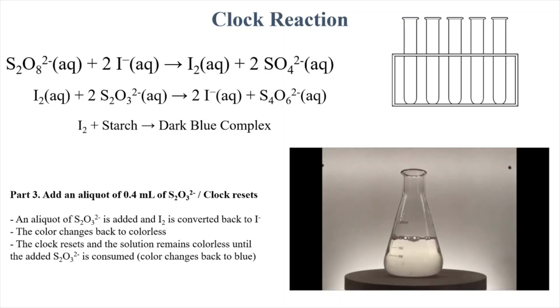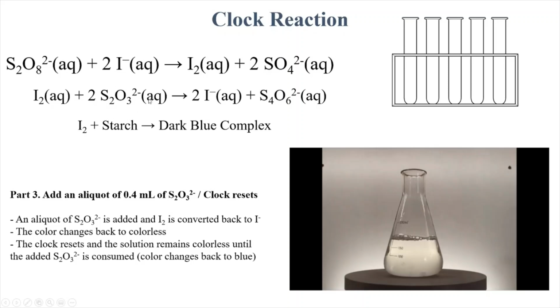So it turns blue, we add the next bit of sodium thiosulfate back in, and it goes back to clear. And then eventually it's going to turn blue. And then we add it again. So what we're doing now is we're setting up a clock. And what the clock is telling us is that every time it turns blue, we've used up a certain number of moles of S2O3 2-, right?